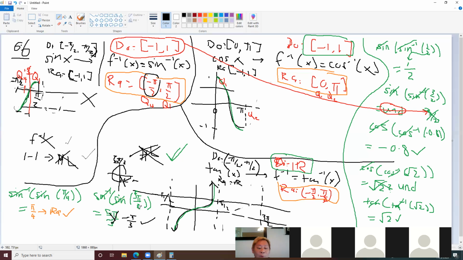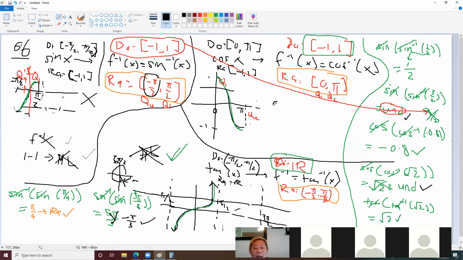So when you have this case, if you find that your answer is not in the range, you have to fit it into the range that we are given. So there is no such thing as undefined in this case. For the other one, yes, you can have cases of undefined, but for this case, no.